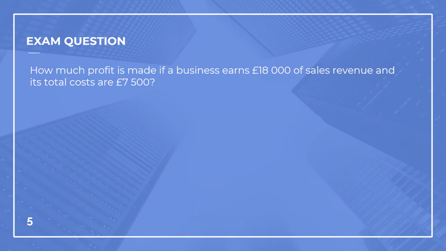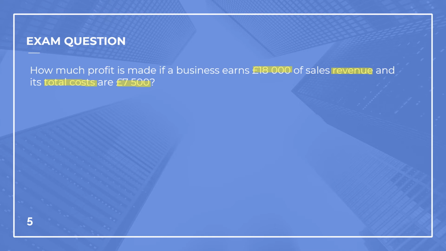So let's take a look at an exam question. How much profit is made if a business earns 18,000 of sales revenue and its total costs are 7,500? So we know that our 18,000 is revenue and our total costs are 7,500.